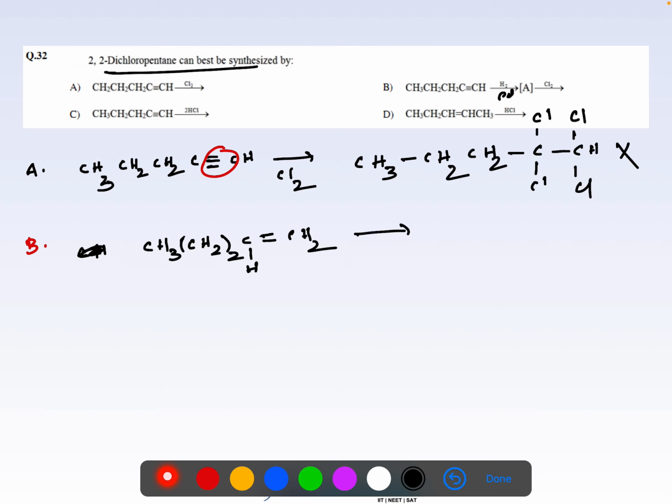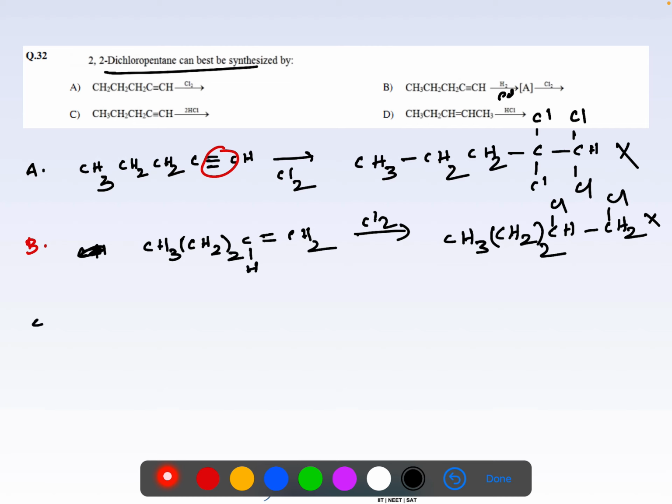Now this alkene, when treated with chlorine, you will get a vicinal dihalide, that is a 1,2-dichloro product, CH3 CH2 2 times CHCl, and this is CH2Cl. So this is also not the product.